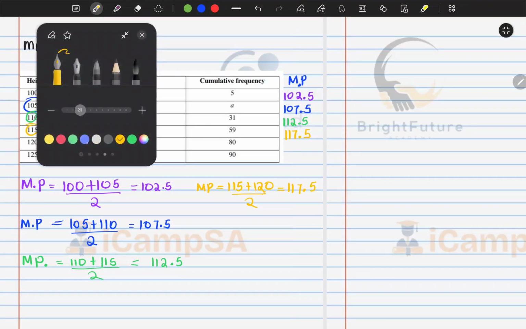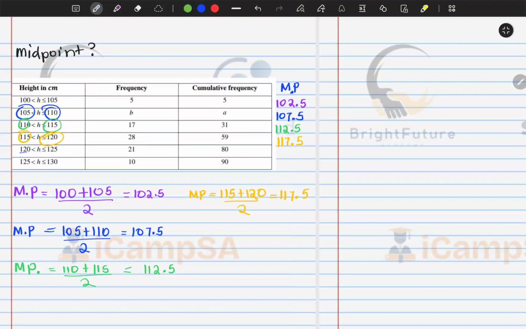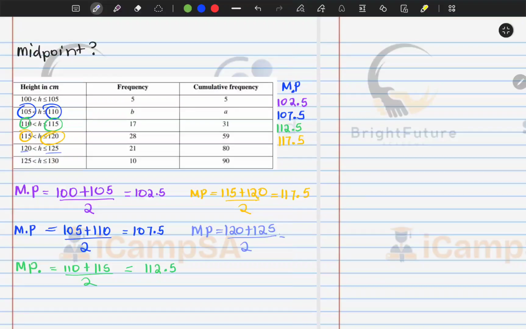Let's go for the next few terms now, guys. We're dealing with this one, 120 and 125. So we have our midpoint equaling 120 plus 125 divided by 2, and that is equal to 122.5.